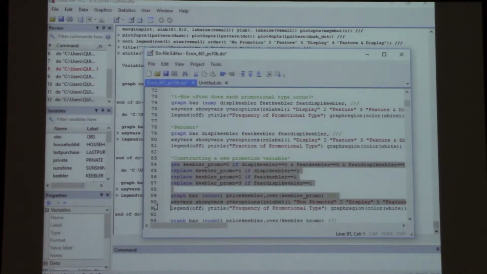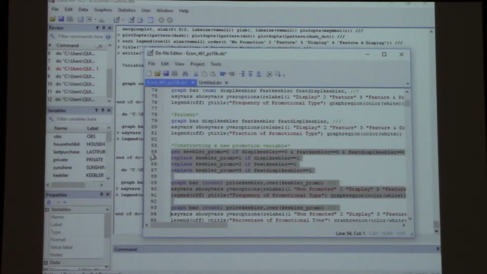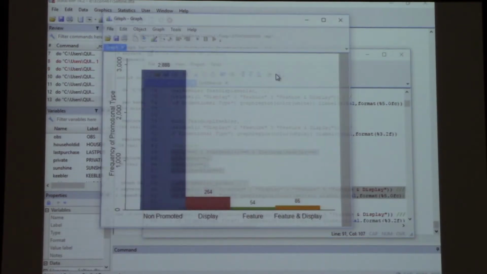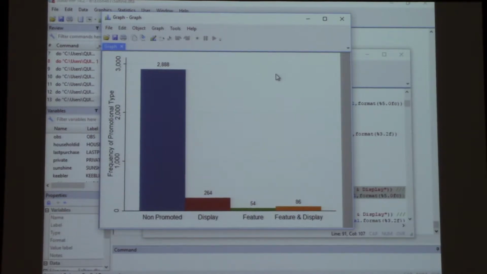And that graph will look like that. And that's where those percentages hinted that we're really not promoting all that often for crackers. So almost 3,000 observations of cracker sales, and only 54 times that we engage in feature, 264 for display and 86 for the combined.